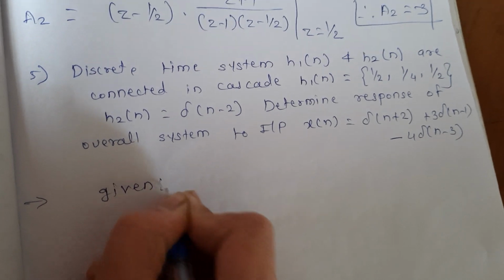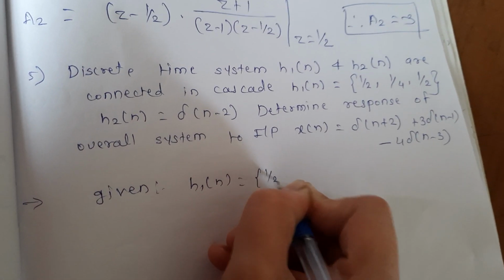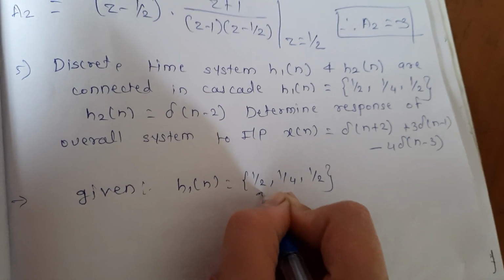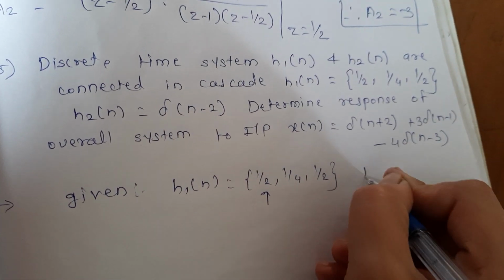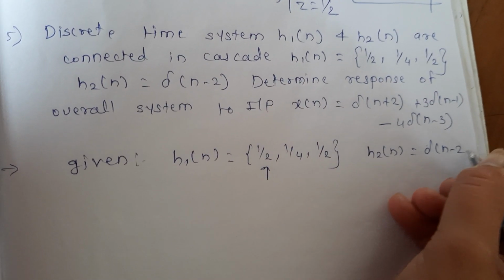So we write here, given h1 of n is equal to {1/2, 1/4, 1/2}, and h2 of n is delta of n minus 2.